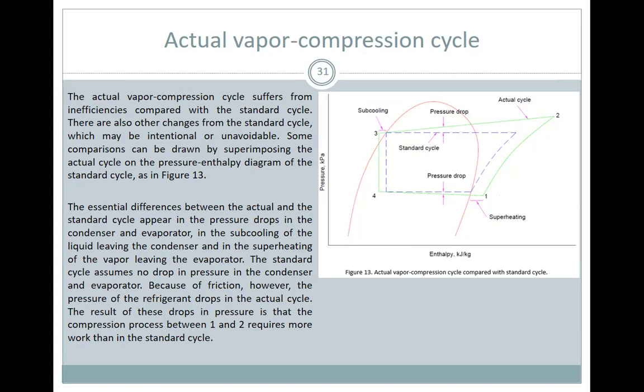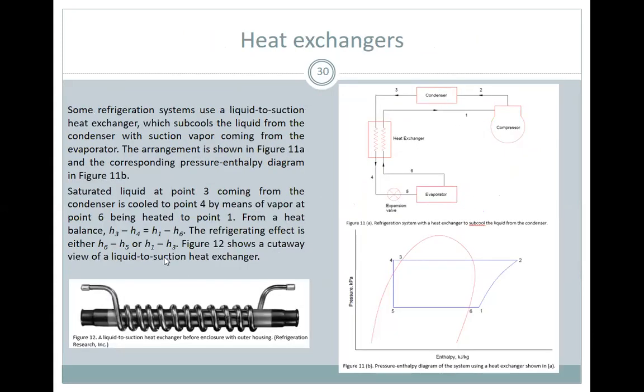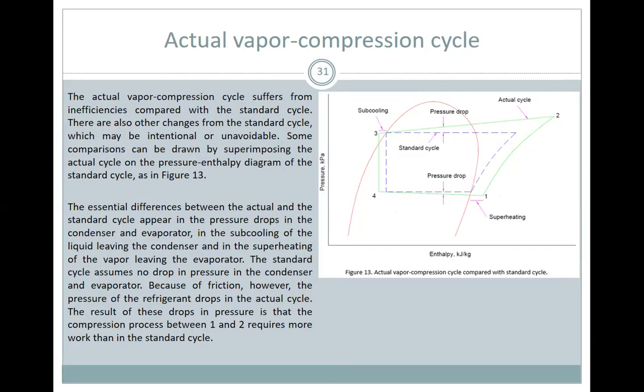Pag sinabing superheating lang, pwedeng superheating ng walang subcooling or subcooling lang walang superheating. So wala kang heat exchanger na ilalagay dun sa diagram mo. Pwedeng wala. Pag binanggit, so ibig sabihin ito ng equation mo. Pag walang binanggit, that is separate.